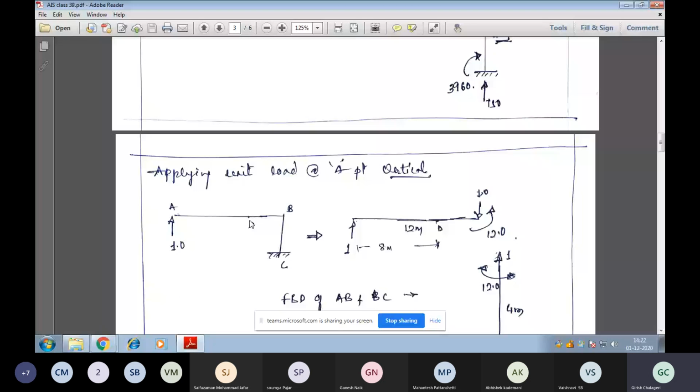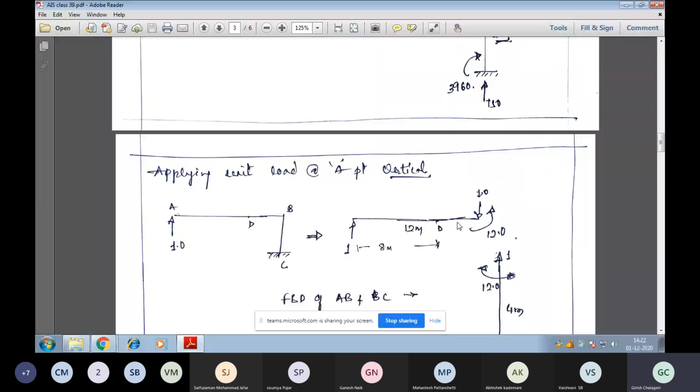So definitely there will be a downward force of 1 at the B joint. In a similar fashion, you can see 1 into 12, it is acting in the clockwise direction. So to keep the joint in balance, an anti-clockwise moment of 12 kilonewton meter is applied at the B joint. So how did we get this 12? That is 1 into 12.